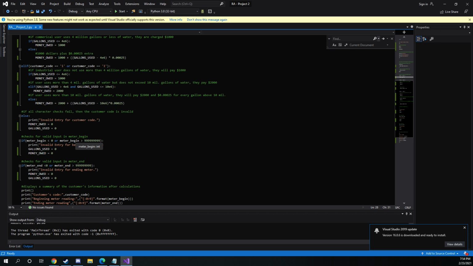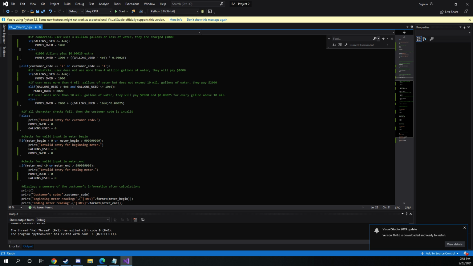So if they put something like -3, it's going to be an invalid entry for either the beginning meter or the ending meter, depending on which they put in. Or if they put in something like 2 billion, that's higher than 9 digits, so that's also an invalid input for the meters. So if they put in an invalid entry for either or both meters, then we're going to set the amount of gallons they used and the amount of money they owe to 0 because we don't want to actually calculate anything.